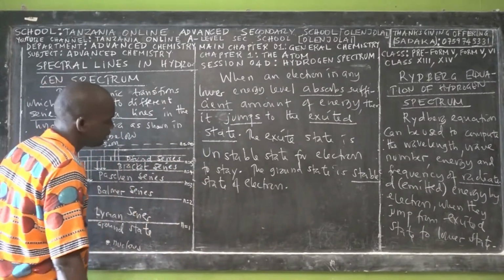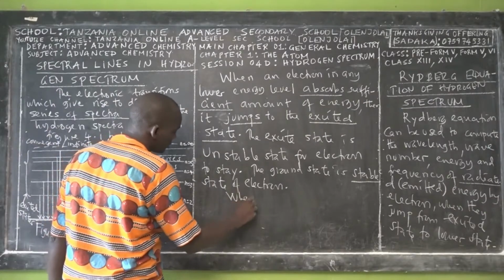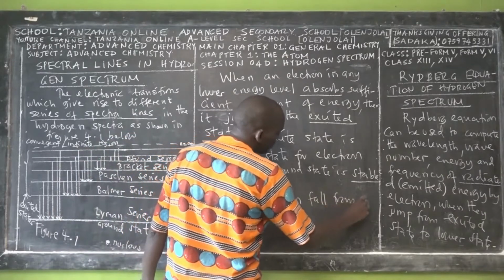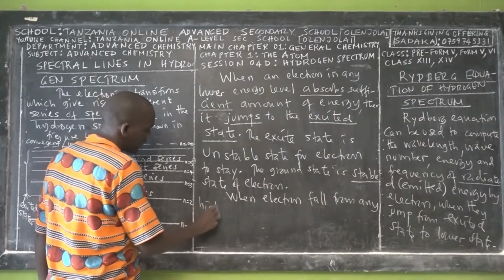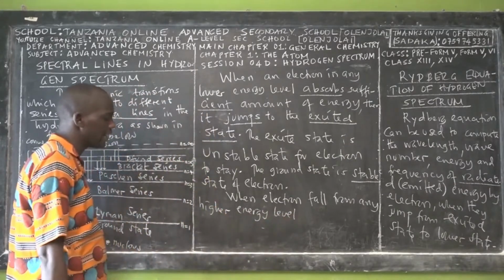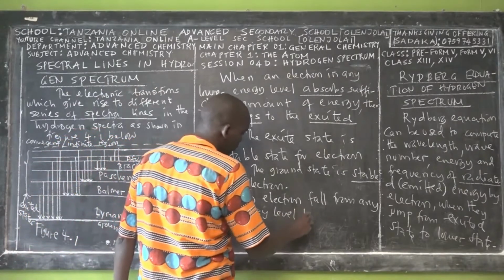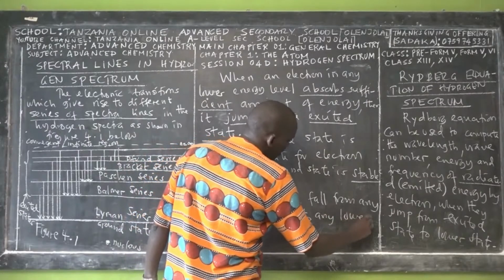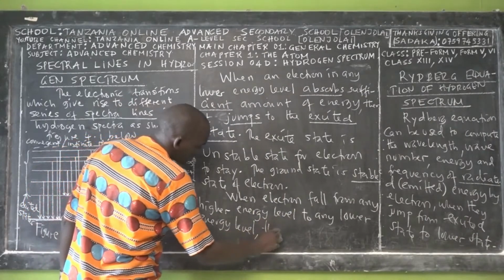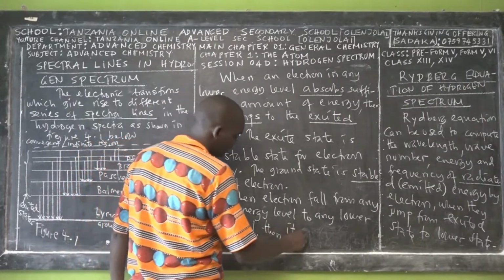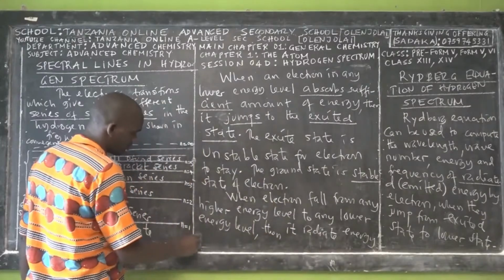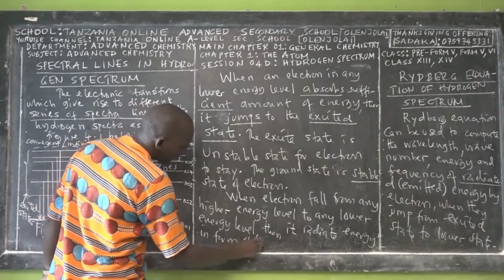Another point you have to make is, when an electron falls from any higher energy level to any lower energy level, then it radiates energy in form of spectral lines.